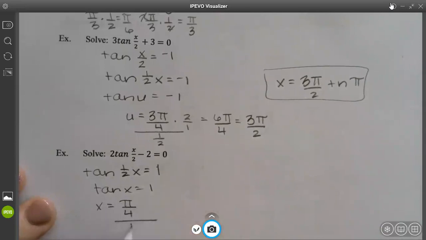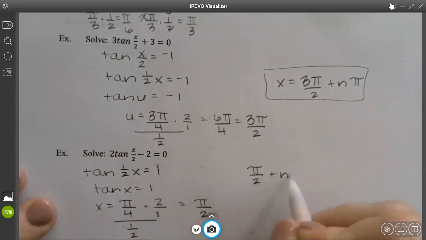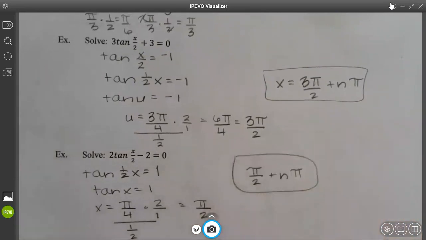I have to divide that by 1/2 or multiply it by 2, which gives me pi over 2. How do I write my general form? Flip it over. 2 more.